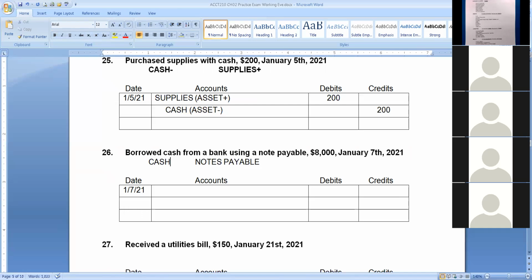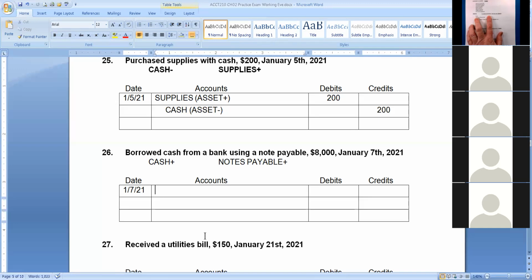Okay, so is our cash going up or down? Up. And the tricky one, notes payable, up. Oh, I guess it's not that tricky. Yes, you're right. They're both going up. We owe more people now, right? So what's the journal entry going to be? Cash is the debit, notes payable is the credit. Yes and yes.